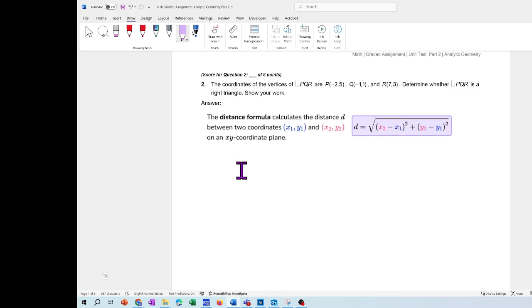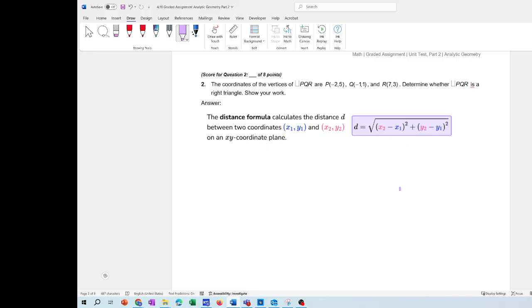Then problem number 2. It says the coordinates of the vertices of triangle PQR are P (-2, 5), Q (-1, 1), and R (7, 3). Determine whether triangle PQR is a right triangle. So please make sure you're showing your work for this example.